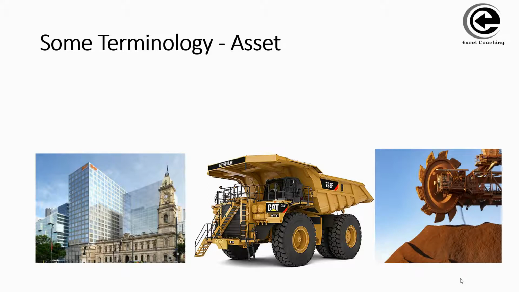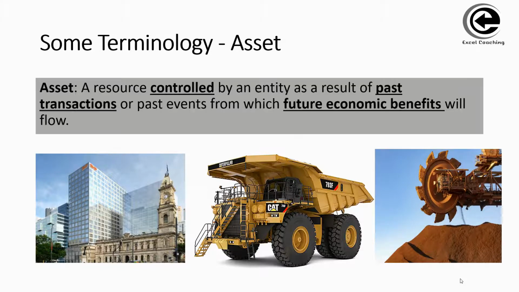So, what's an asset? An asset is defined as a resource controlled by an entity as a result of past transactions or past events from which future economic benefits will flow. There are three essential characteristics of an asset. Number one, control.